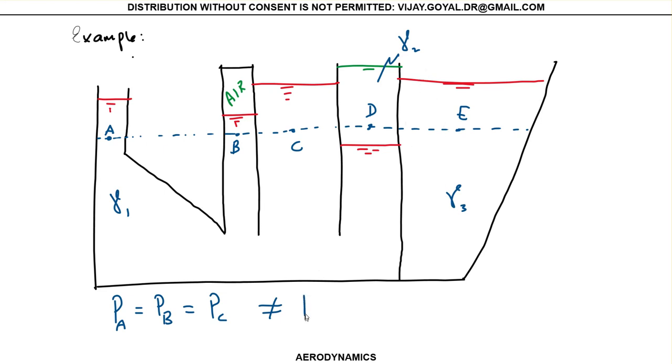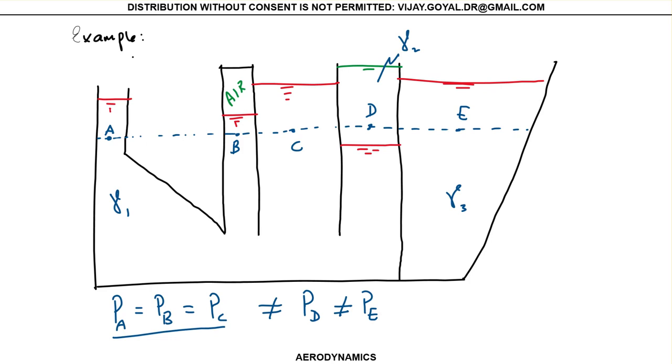Therefore, this is not equal to D, and this is a different compartment. They don't share. If there was a hole here and I could transfer the pressure from one place to another, that would be a different story. However, then I can say that none of these are the same, but these two are the same.